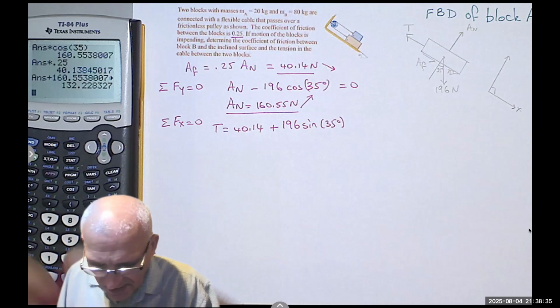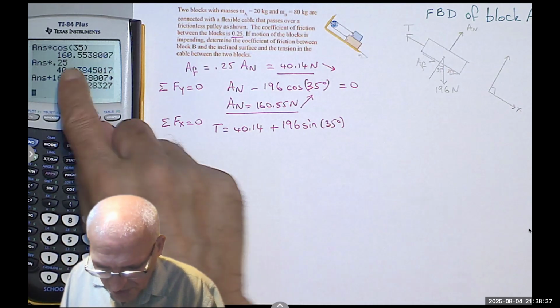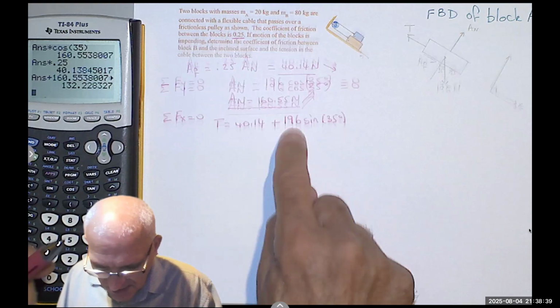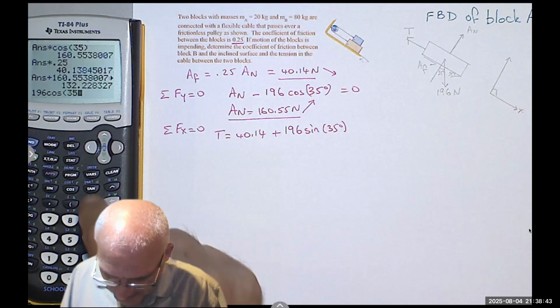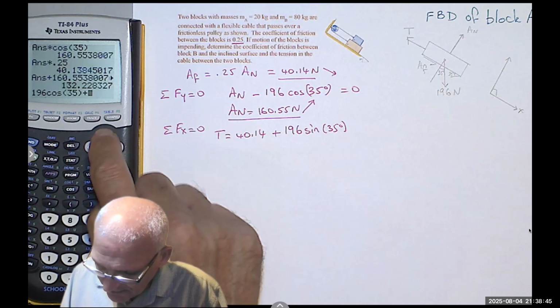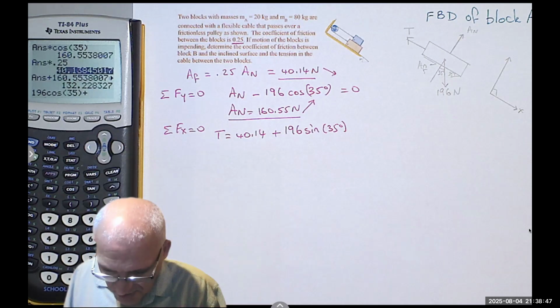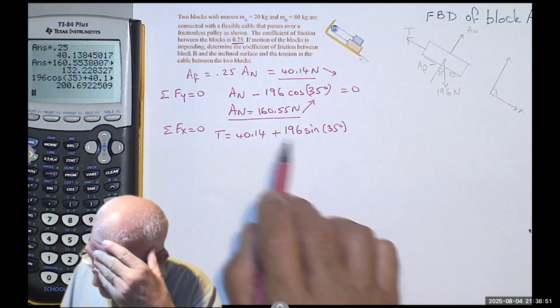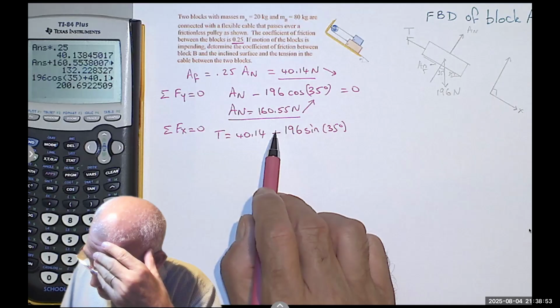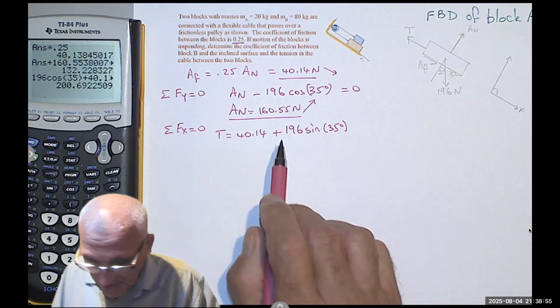No, I'm sorry, it's not 160. It's 196, sorry. 196 cosine 35 plus the friction. Yeah, that's correct. No, it's sine 35.